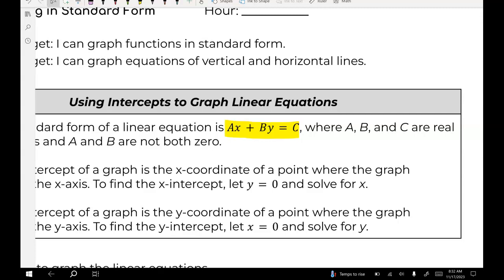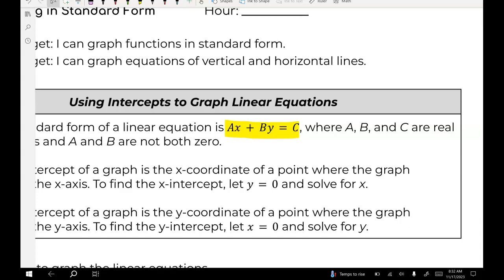One thing we have to say is that A and B both can't be 0. So A could be 2, so it could be like 2x plus 3y is equal to 6. That would be an example of something in standard form. We'll practice later on how we can make that look like y equals mx plus b by moving things around. But today we're just working with it when it looks like that.